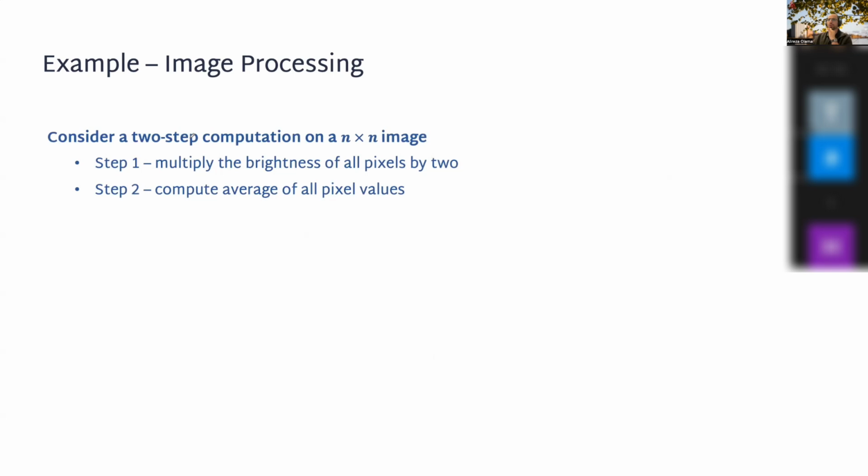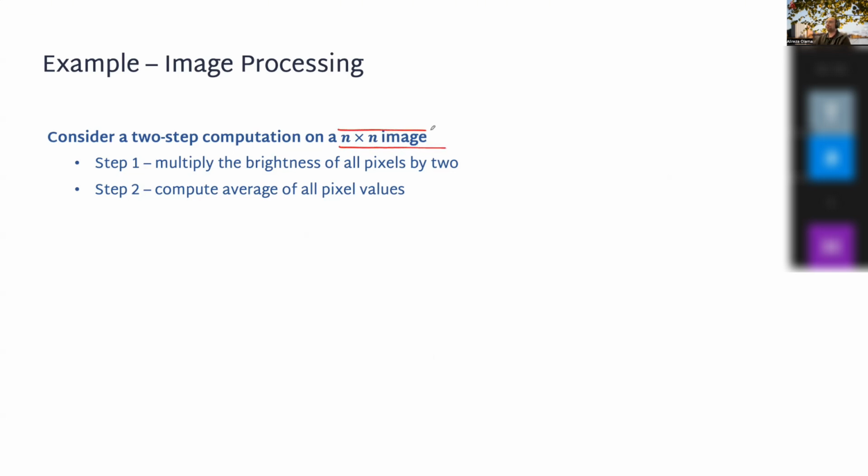All right. So before discussing more about this phenomenon, let's have a small example in image processing and see how these speed ups are computed. Assume we have an image processing task, and in this task we have an image of n by n size.